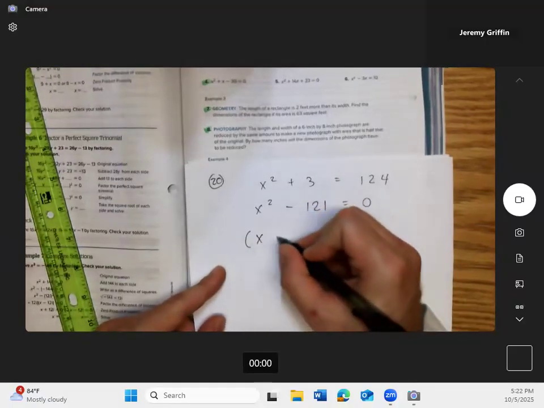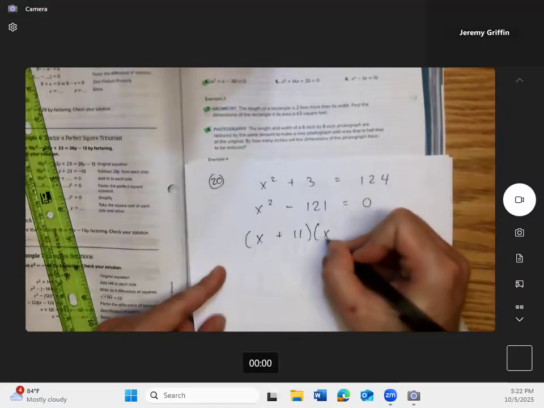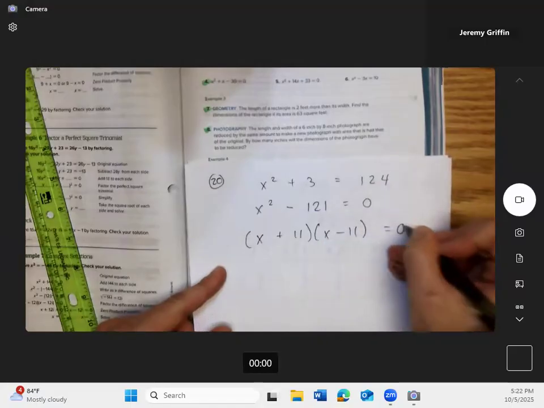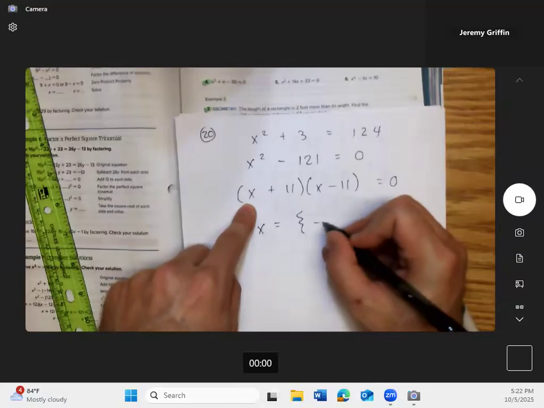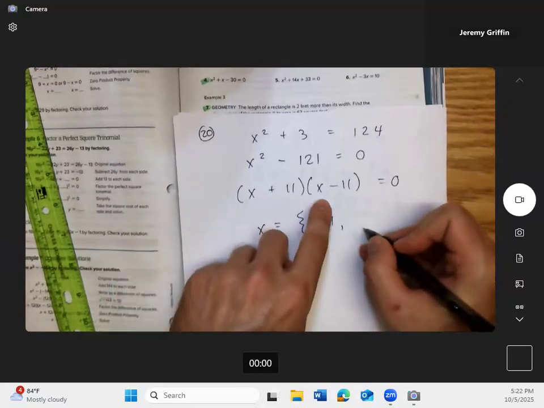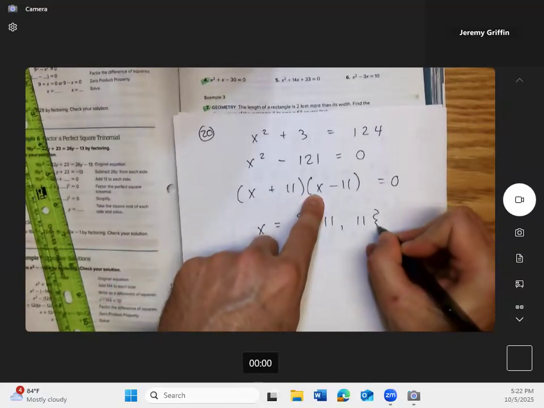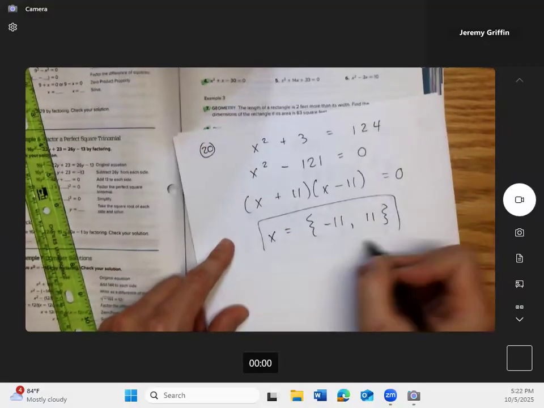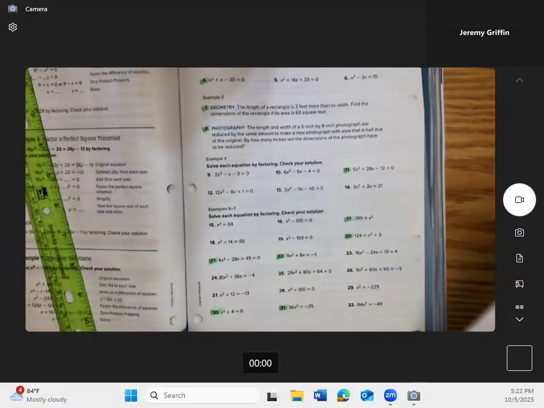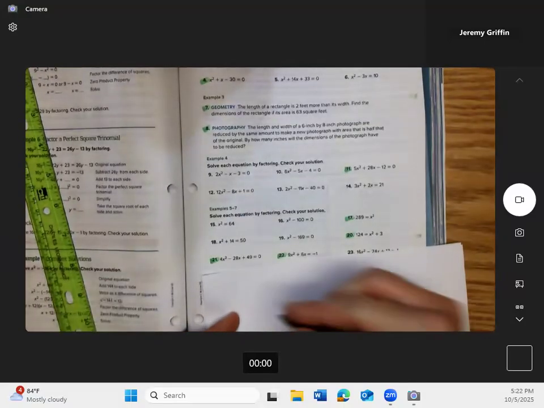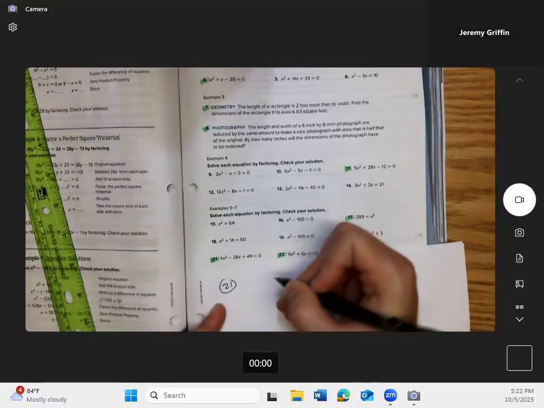So I think it'd be x plus 11, x minus 11 goes to 0. Okay. And then x therefore could be either negative 11 from this one or positive 11 from this one. Those would each zero out that whole bit. Okay. That works. All right. Number 21.